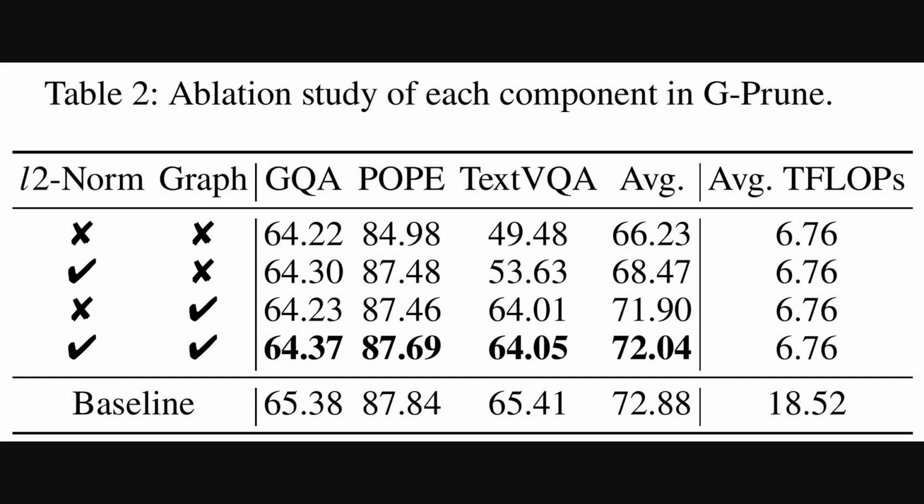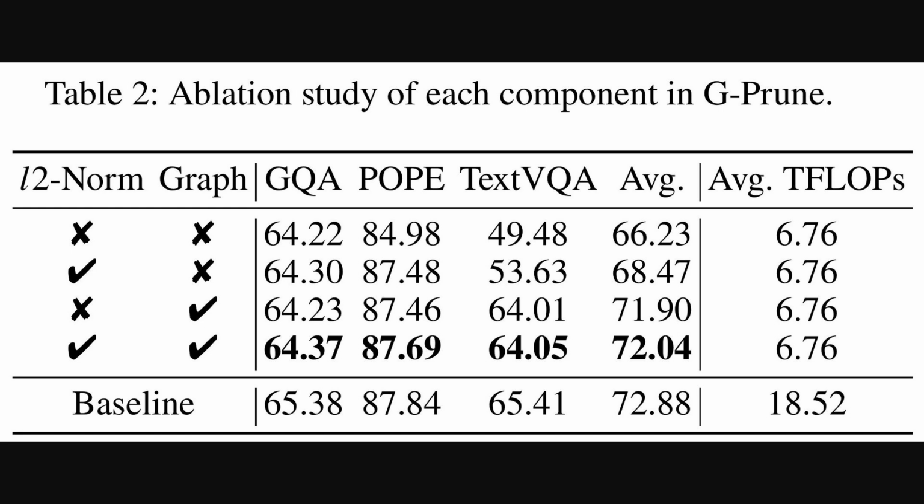So we saw gprune beats L2 norm pruning, but what makes gprune itself work so well? Well, Table 2 digs into that with an ablation study, basically breaking down gprune's parts. It shows performance on GQA, POPE, and text VQA, comparing different setups like using just L2 norm, just the graph, or both.